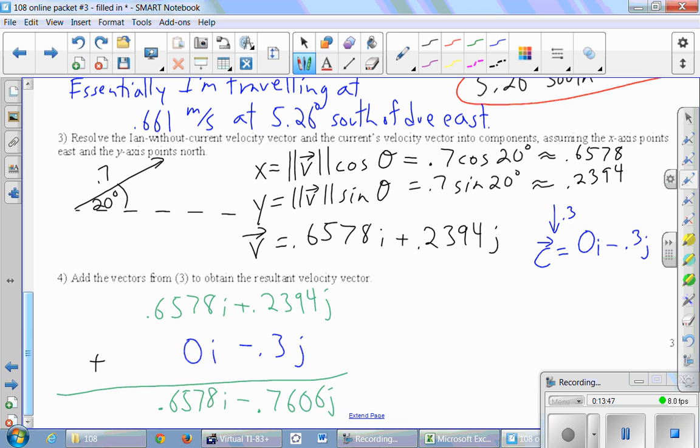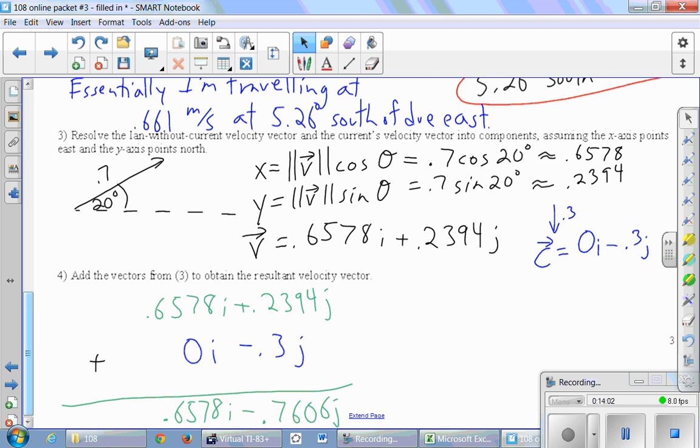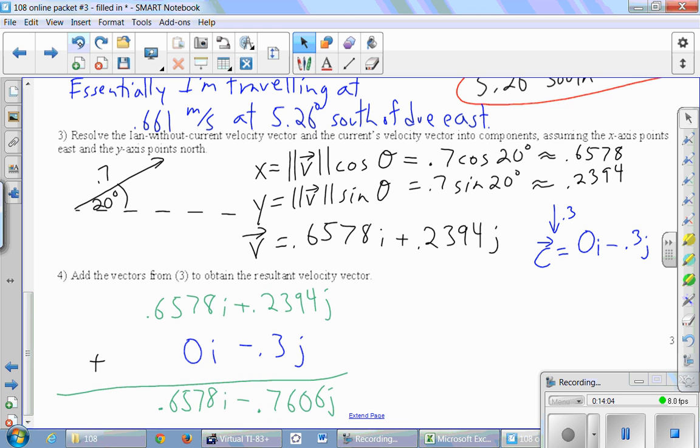Is that right? That is not right. 0.0606. Okay, so that's the resultant vector in components.